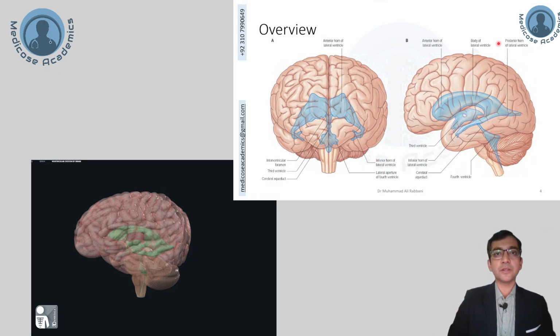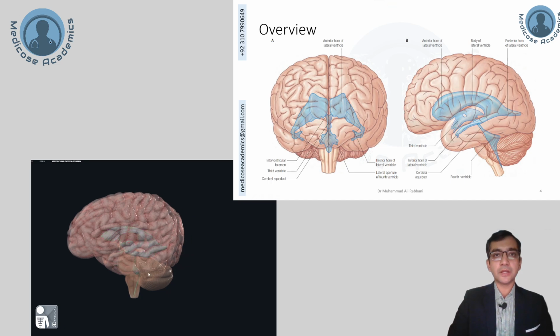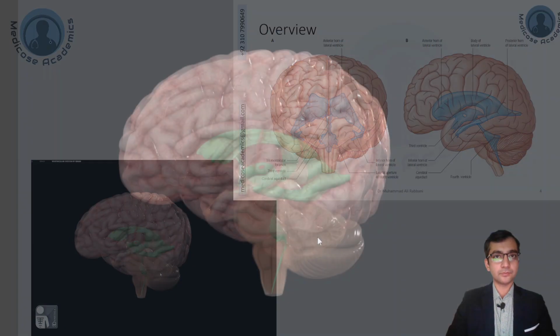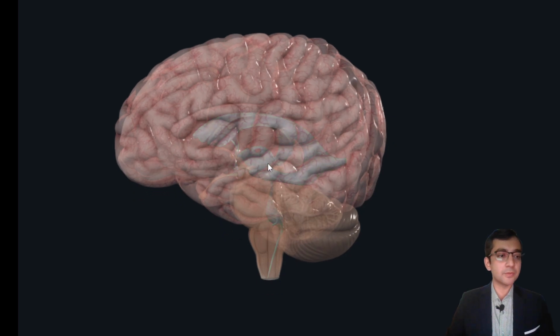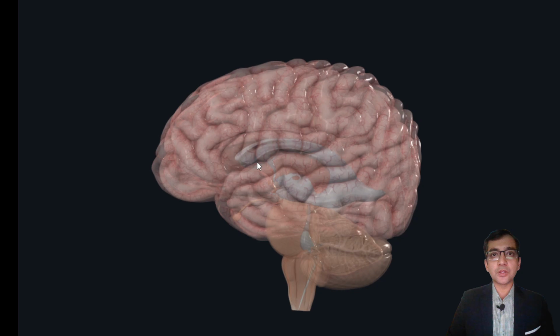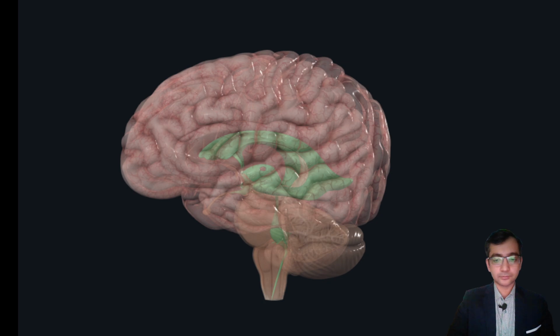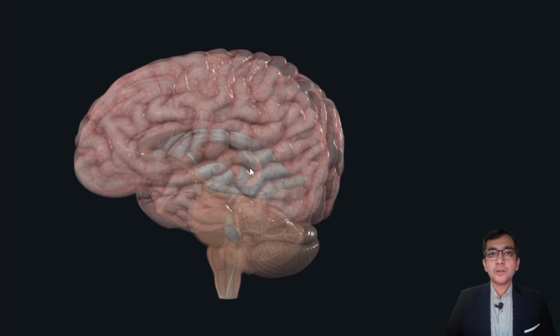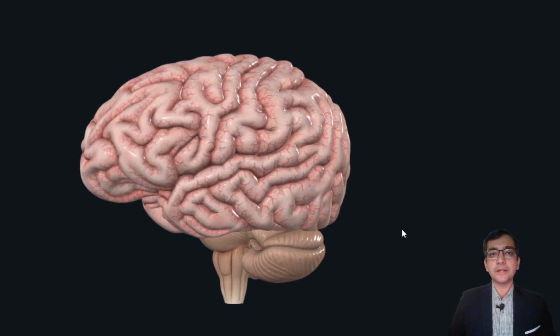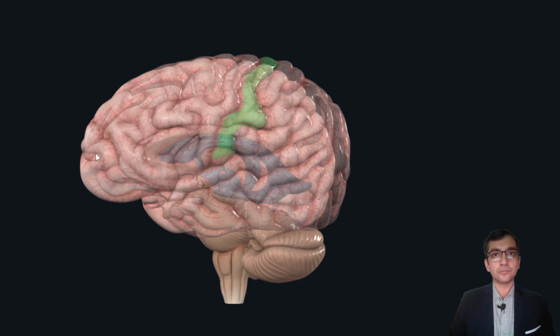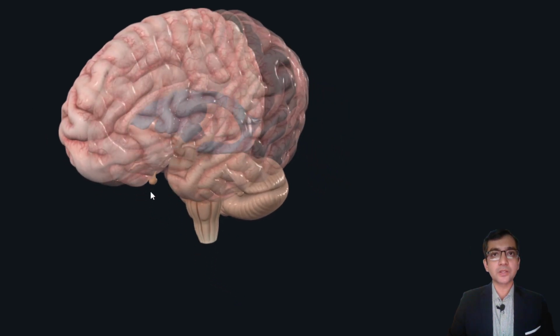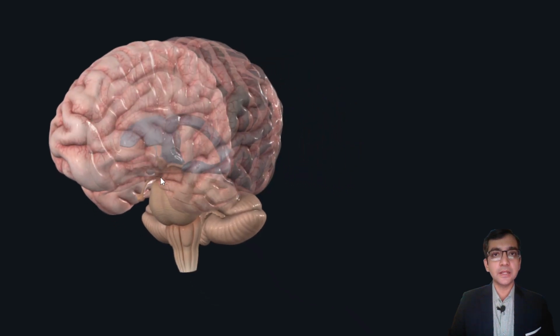So this is a brain. The brain has been made a little transparent, and you can see the ventricles present and they are highlighted. So these are the ventricles you can see inside.